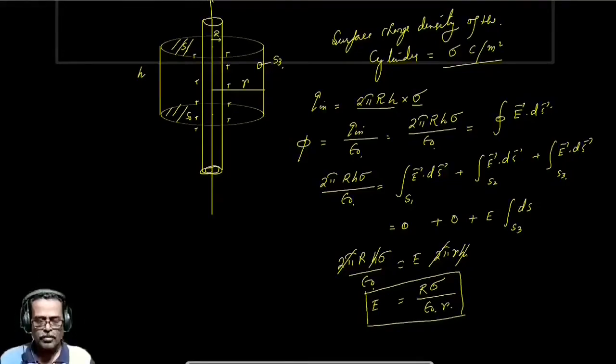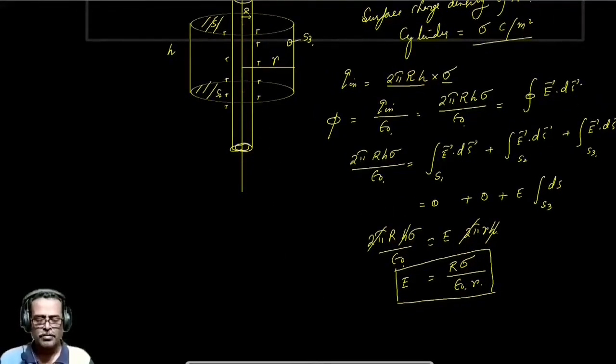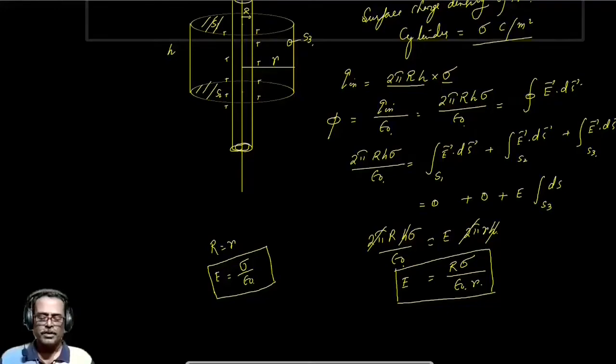Now from this we can see that if r is equal to R, that is at the surface of the charged cylinder, then E is equal to sigma by epsilon 0. So at every point of the uniformly charged cylinder surface, E is equal to sigma, the surface charge density, divided by epsilon 0. And it is true for all surfaces.